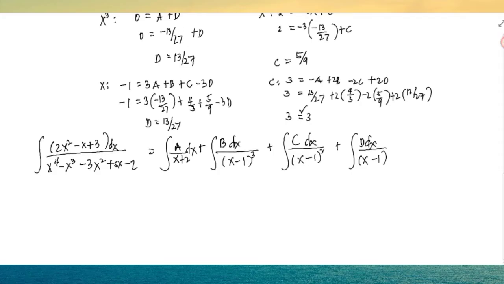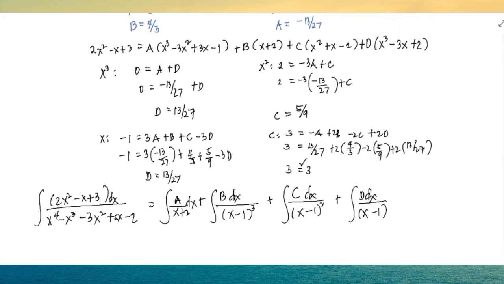So, substitute natin yung value ng a, b, c, and d. And we would have here, for a, that's negative 13 over 27. So, negative 13 over 27 integral of dx over x plus 2. Plus, b is 4/3. So, that's 4/3 integral of dx over x minus 1 cube.